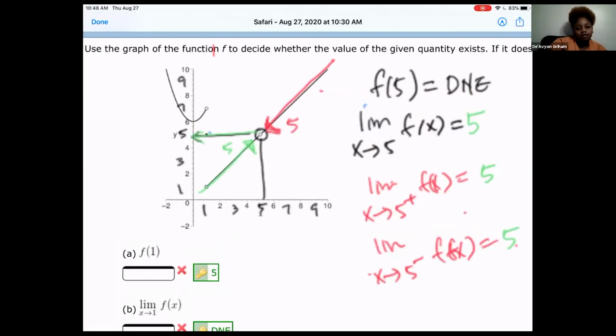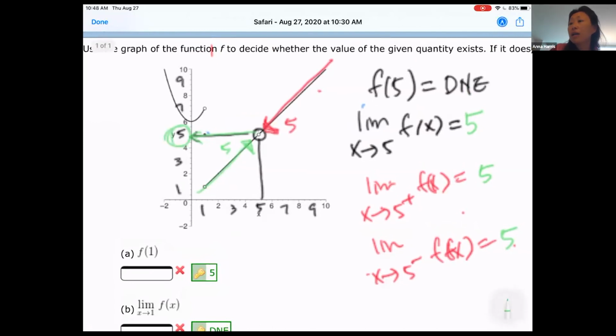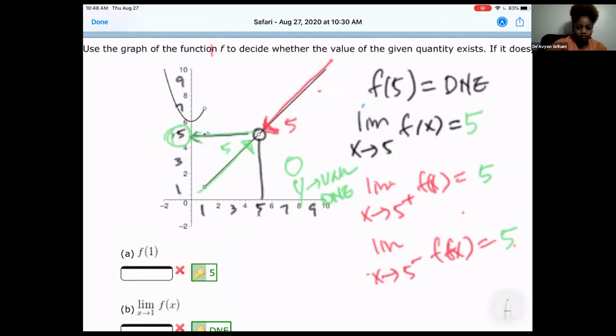Okay, so you're looking for a limit? Yes, you are looking at the dot, and that's why you know it's a 5. If it's an open circle, that means the y value does not exist.